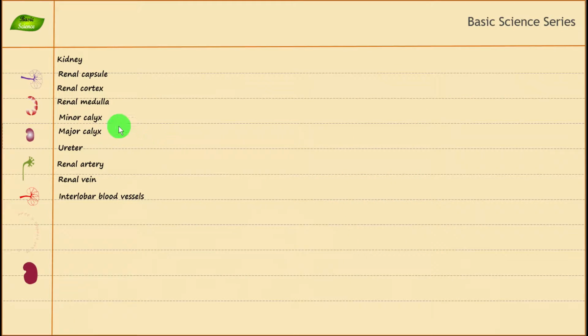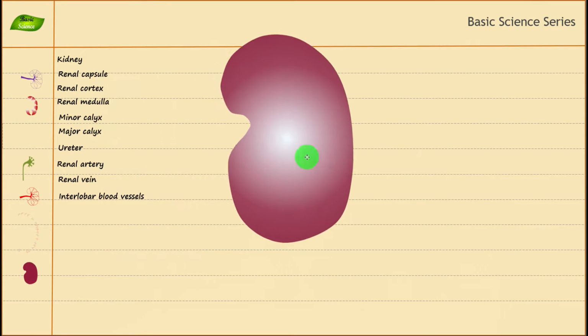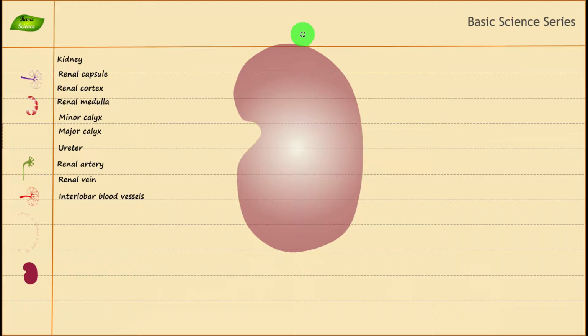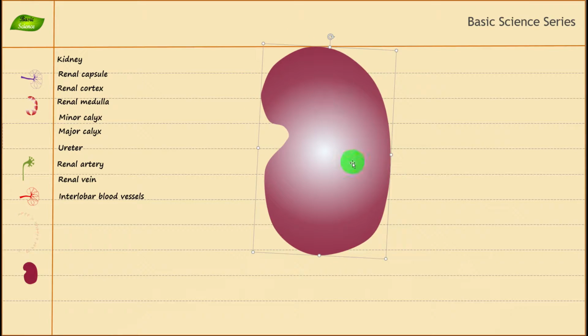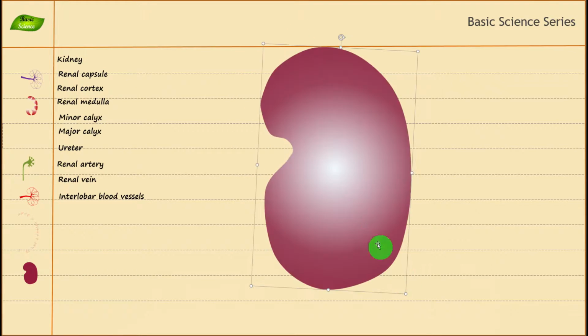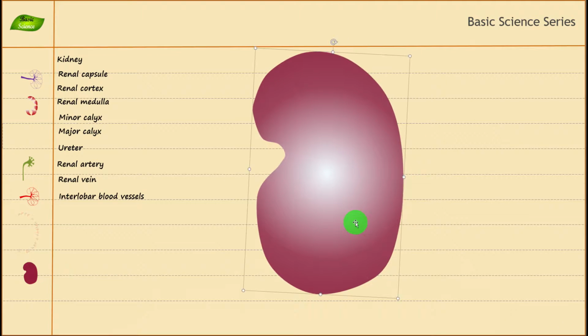So this is my next slide, and you can see here I have all the labels that I will use to design the structure. I have all the structural components already designed. So I will start with the outermost structure. In this case, it will also provide me a kind of layout for the kidney, and you can see it's a bean-shaped structure, right?